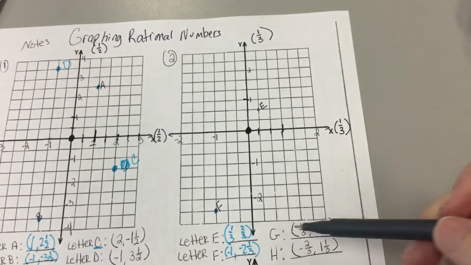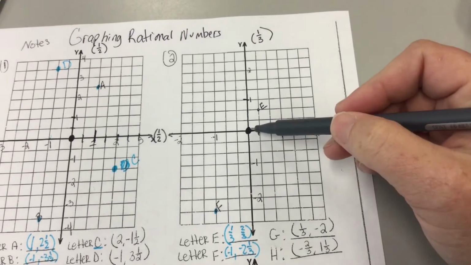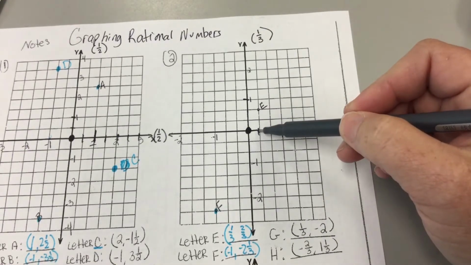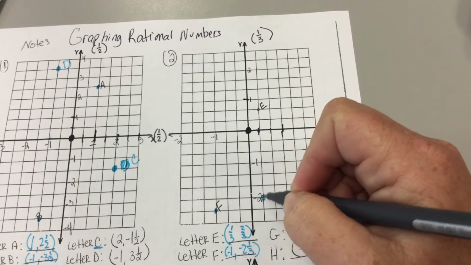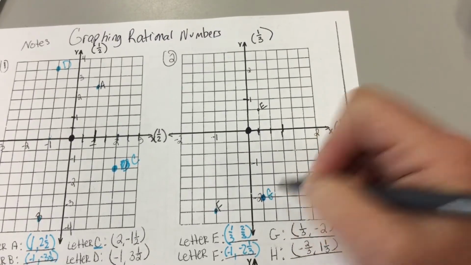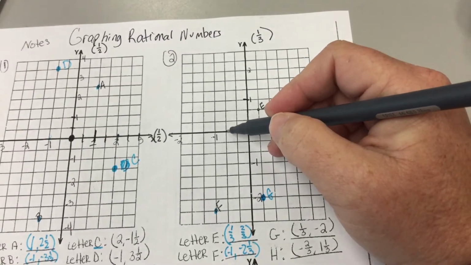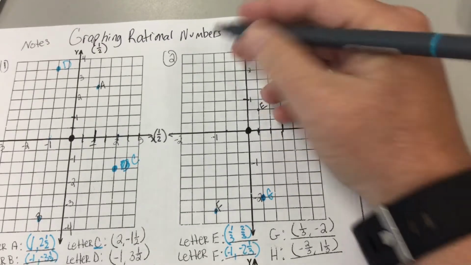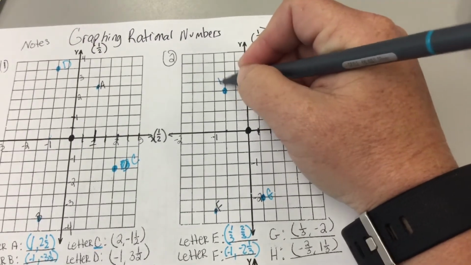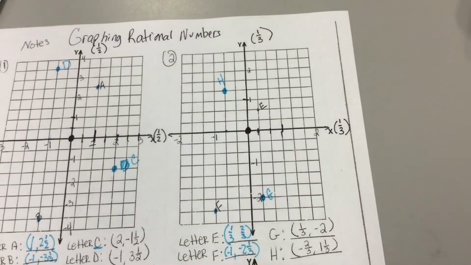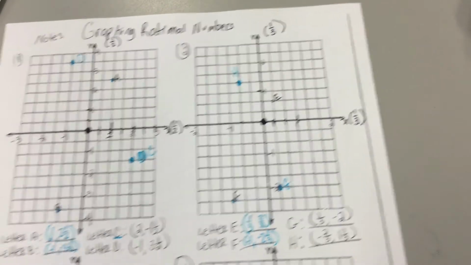All right, looking at G, I'm going to do 1/3, so starting at 0, 1/3, and -2, way down here, and I label it. H is -2/3 and 1 1/3. There we go. And so now I have graphed using intervals of 1/2 and intervals of 1/3.